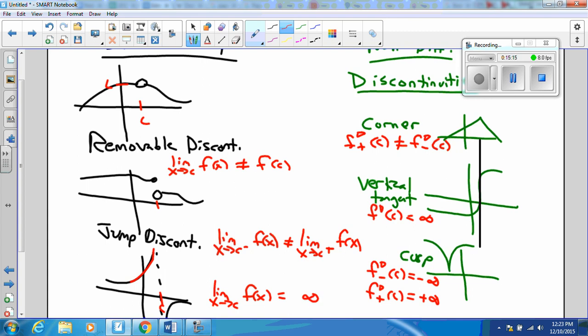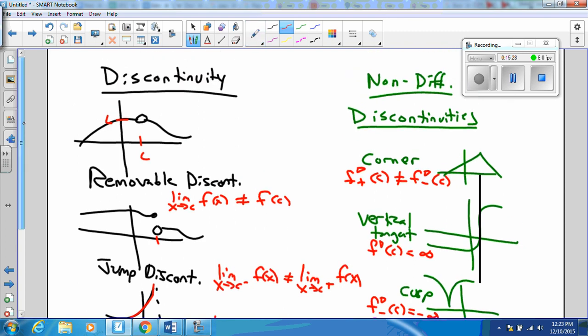Make sure you're reading those. Does that help? Yeah, I remember now. Yeah, I just got mixed up. Discontinuity is when f of x doesn't exist, and non-differentiability is when f prime of x doesn't exist. Actually, f can exist. It just doesn't agree with the limit.